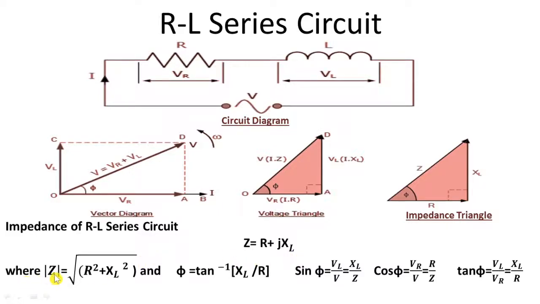The mod of Z is equal to under root R square plus XL square. We can apply the Pythagoras theorem here: Z square is equal to R square plus XL square, so the mod of Z is under root R square plus XL square. Then phi, the phase angle, is equal to tan inverse of XL divided by R.